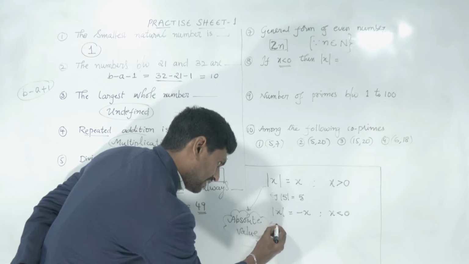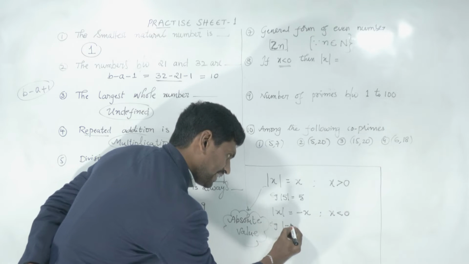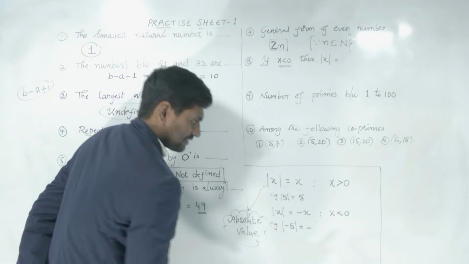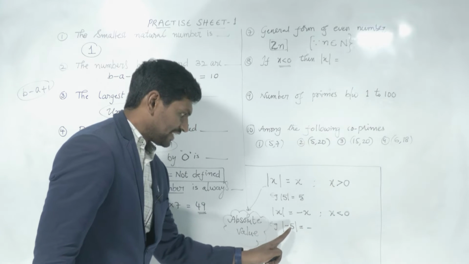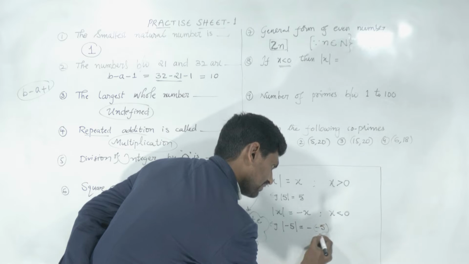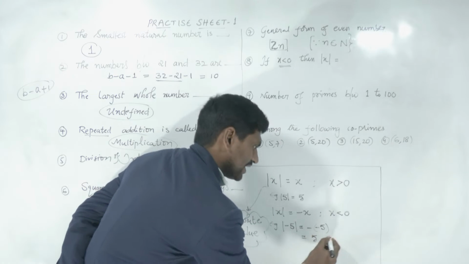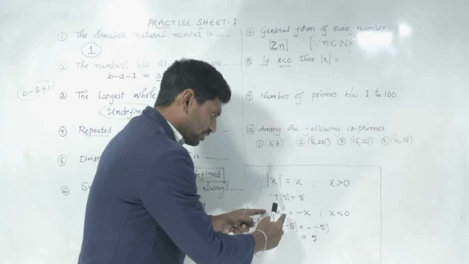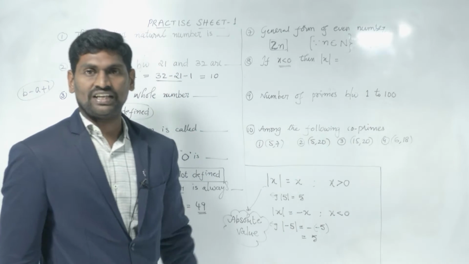Let us take one example here also, minus 5. Here the minus symbol as it is. X means minus 5. That is equal to minus of minus 5, which becomes plus 5. So the overall answer is plus 5 only, but when you take a negative integer, you should write minus x.